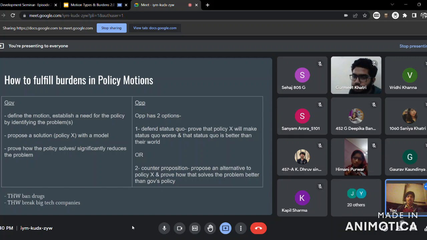Specifically in terms of policy motions, every policy has some average cases and some extreme cases. The majority of the cases that a policy applies to are normal cases, but there are certain extreme cases where the policy can have different implications.